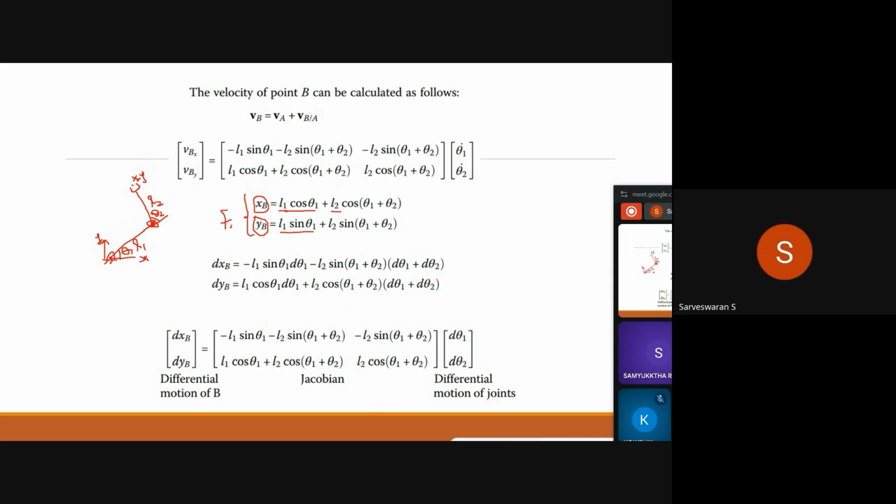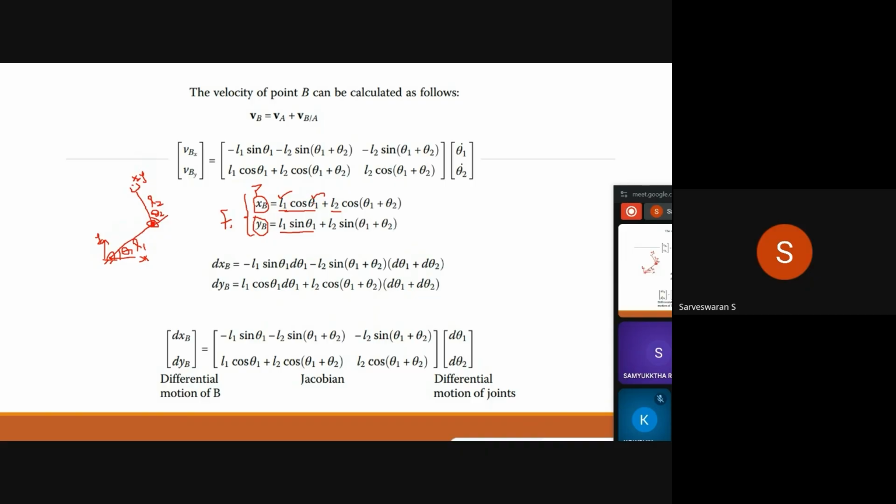As I told you, in forward kinematics, based on the provided link lengths and angular values, theta 1 and theta 2 are joint angles. All of these will be known, and from that we can find out my position. So this position x and y, we can solve using forward kinematics.